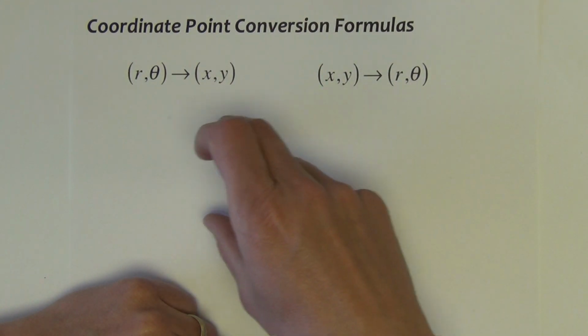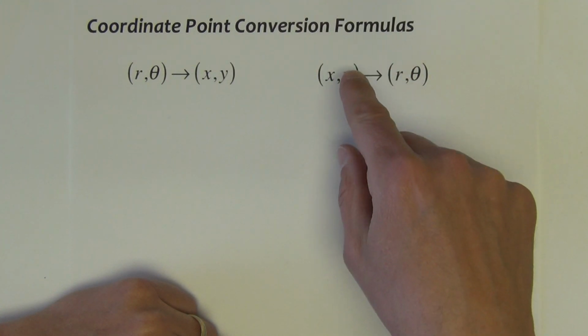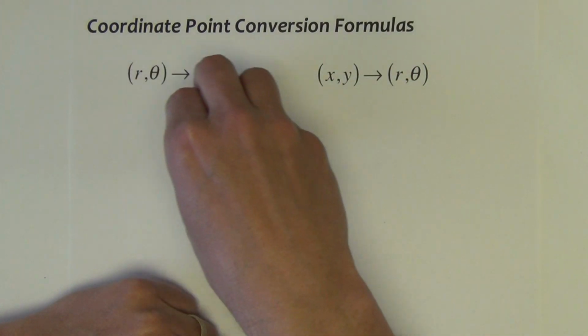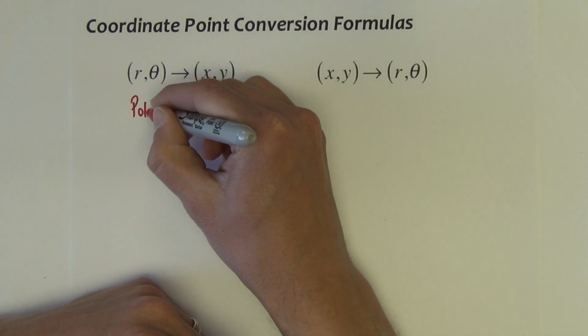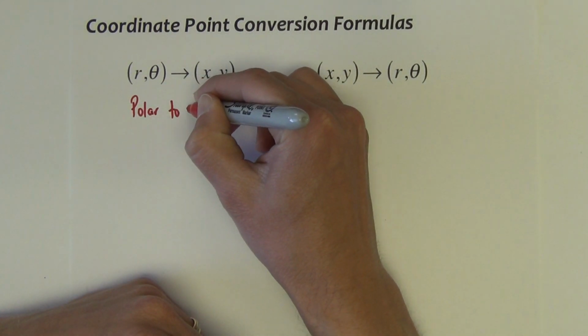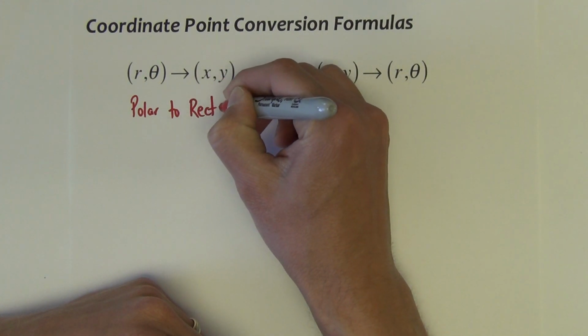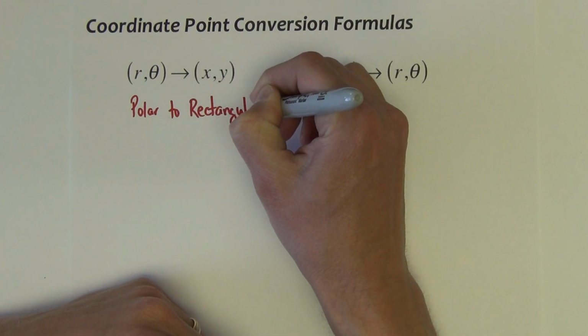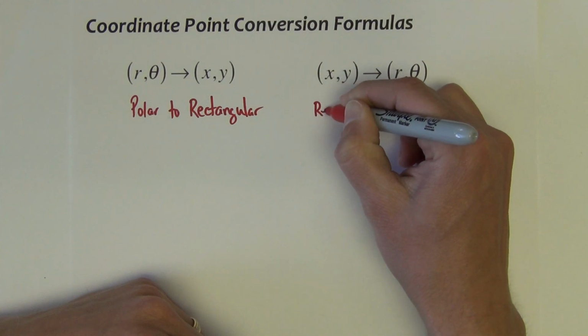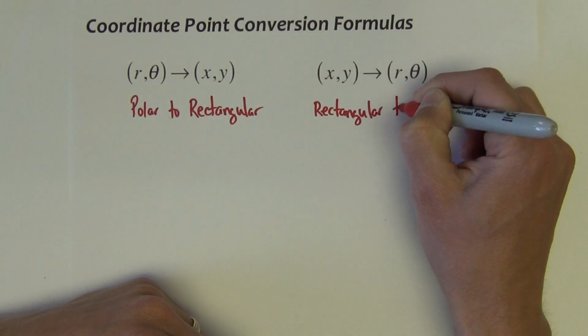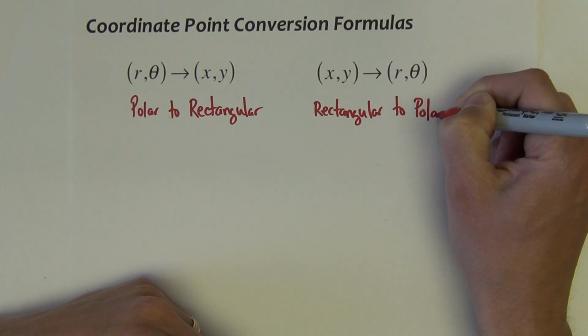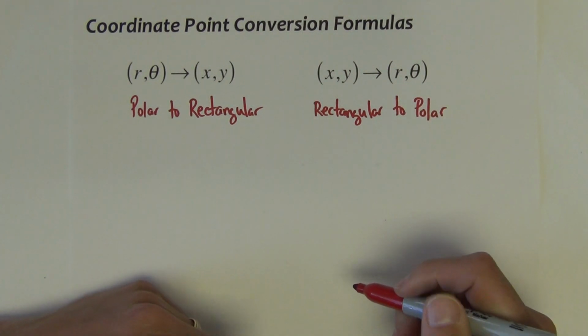So I'm going to give you a pair of conversion formulas for each, going from polar to rectangular. Okay, so this one's going to take us from polar to rectangular. And then this one's going to go rectangular to polar. So a couple of conversion formulas for each.